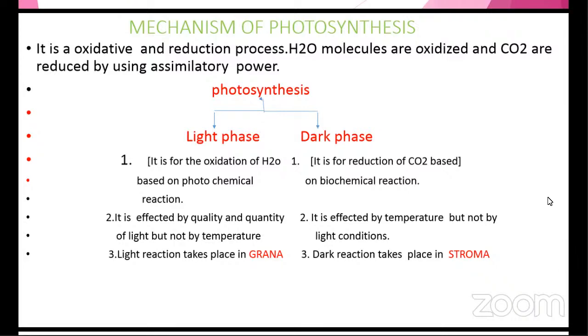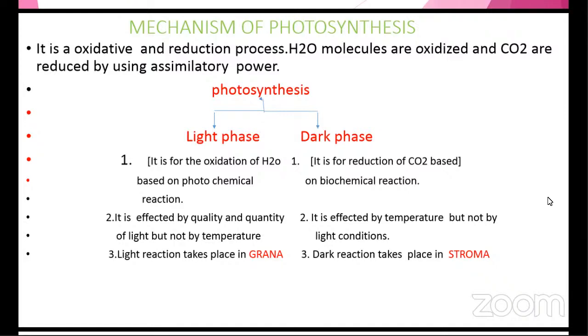And photosynthesis takes place in two phases. The first one is the light phase, the second one is the dark phase. Light phase. It is a phase which takes place in the presence of sunlight.